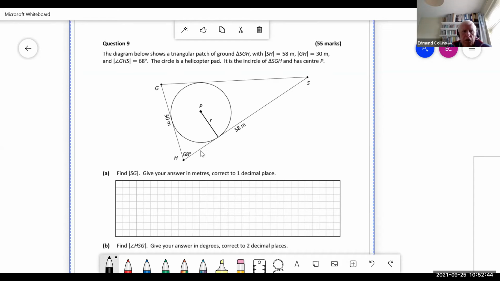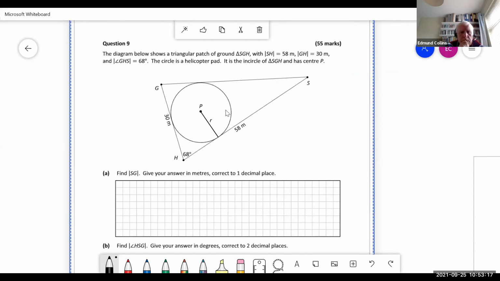And they've also given us an angle. And this is the way they denote the angle here, GHS is 68 degrees. It's a helicopter pad. And then they're giving us a point P, which is inside the circle, which is inside the triangle. So they're obviously touching the circle's touching the sides here.